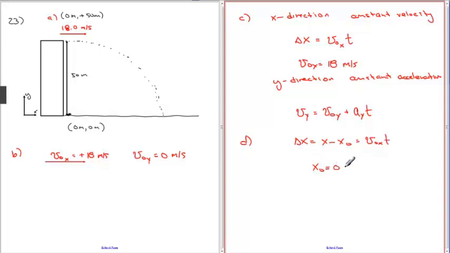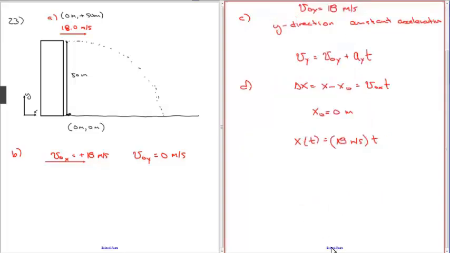So we can say that x as a function of time, because that's 0, you just have x, is just equal to v0x, which is 18 meters per second, times the time. So the position varies linearly with time. So that's the x direction.